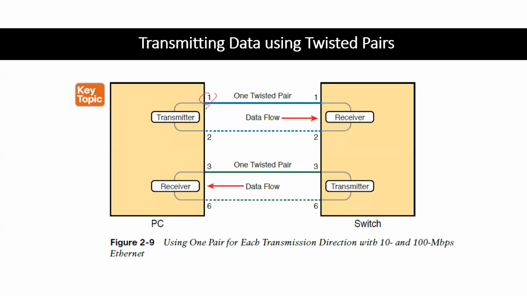So pairs 1 and 2 are going to be received by 1 and 2, but it's the other way around. It's going to be transmitted by 3 and 6. That's a straight through cable.